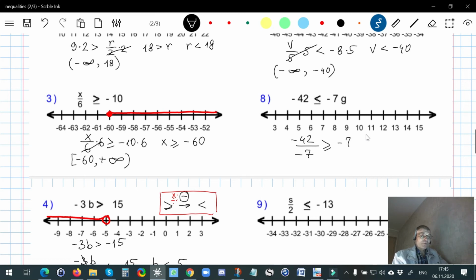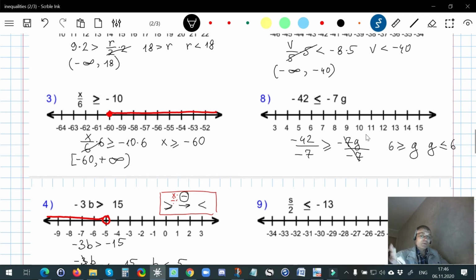So negative 7 multiplied by g and divided by negative 7, negative 7 cancels. Here gives me positive 6. 6 is greater than g, or again, to be more comfortable, I rewrite it as g is less than 6.